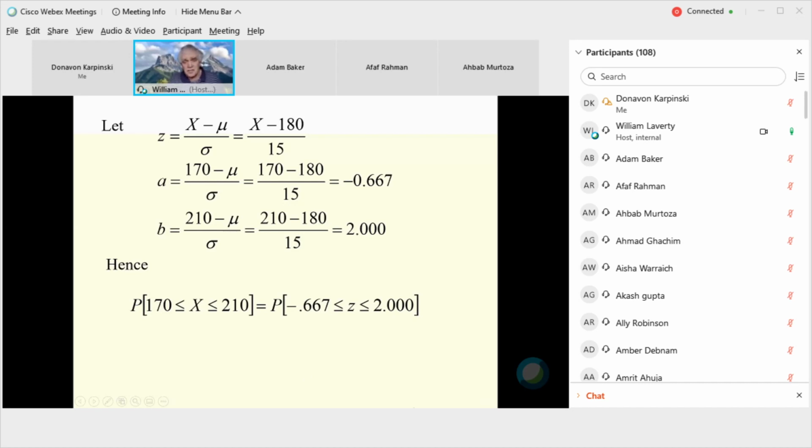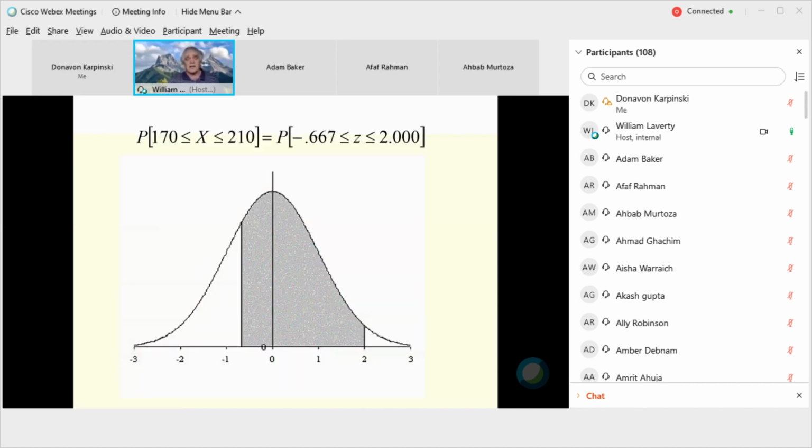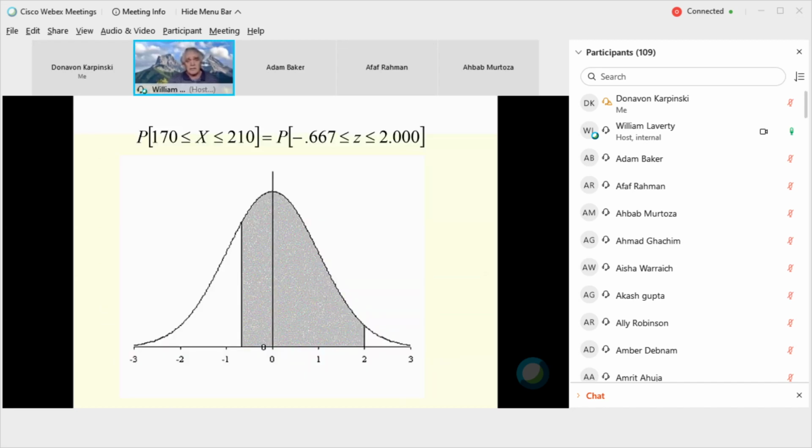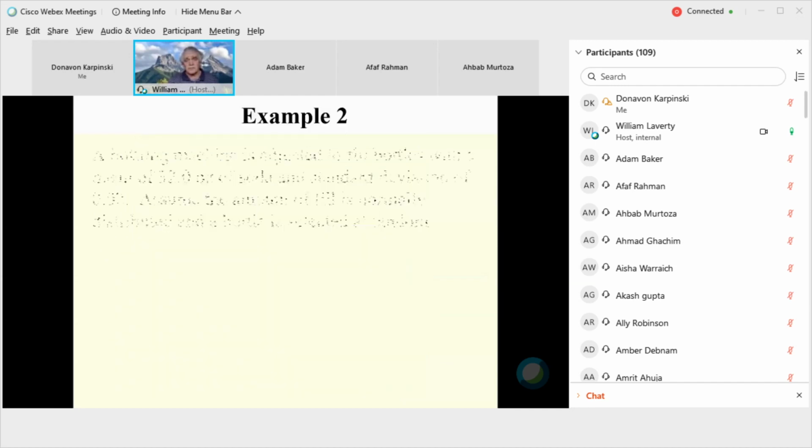These are just the standard scores of the limits, minus 0.667 and 2.00. Then we can use the table to calculate that. There's the area that I want, and there's the corresponding area under the standard normal distribution.